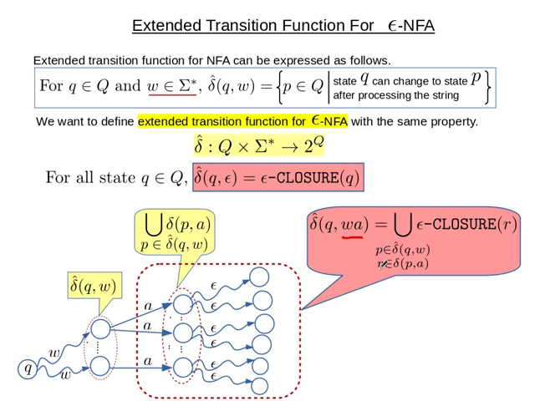Since we are taking all p, we will have a bunch of r's here, so this r that I'm talking about is the elements here, right? For all those r's, you take the epsilon closure of this r and union of this whole thing, right? So this should be q of wa, right?